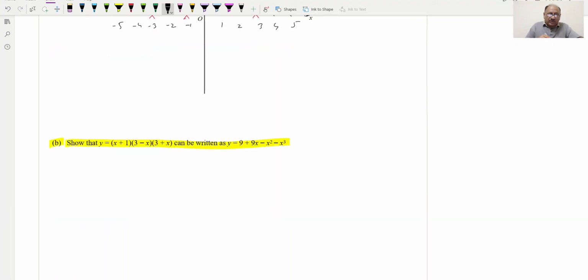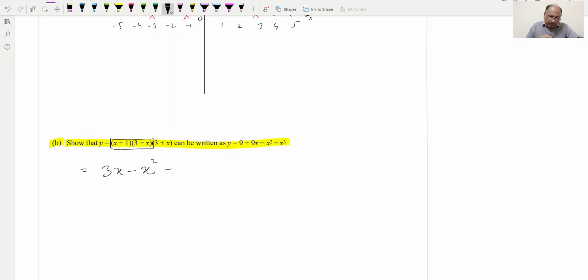So how can we rewrite this? We will be multiplying the first two brackets. x into 3 will be 3x, and x into x will be minus x squared. Then 1 into x will be x, 1 into 3 will be plus 3, and 1 into minus x will be minus x. Put brackets, and the third term also write like this.